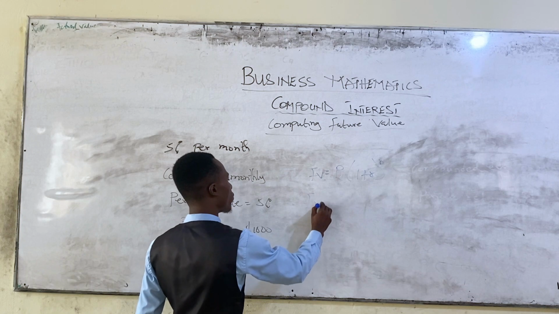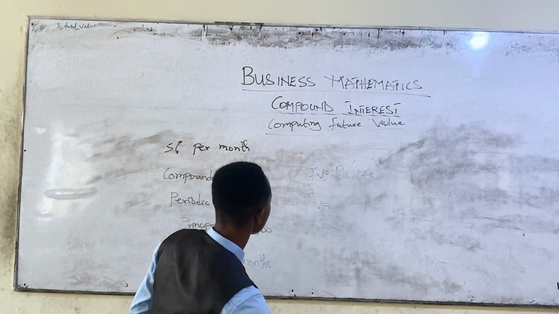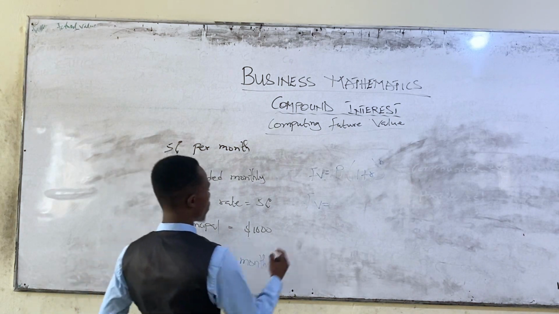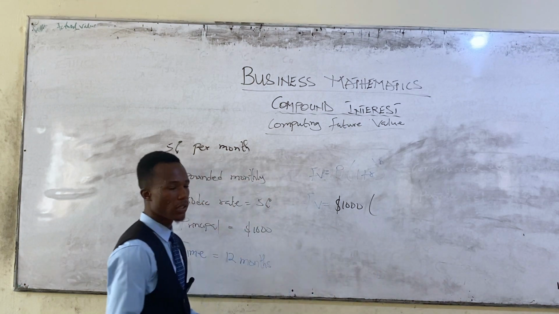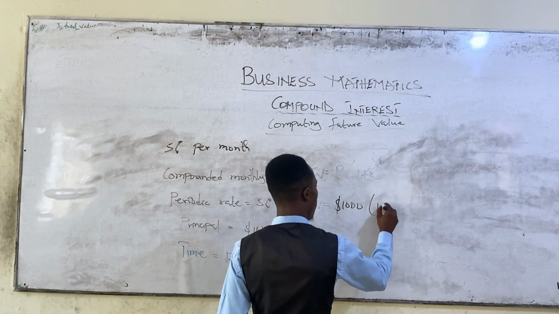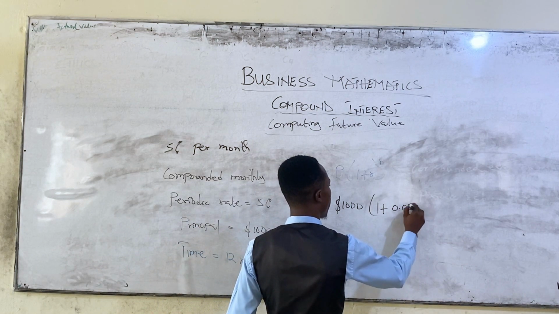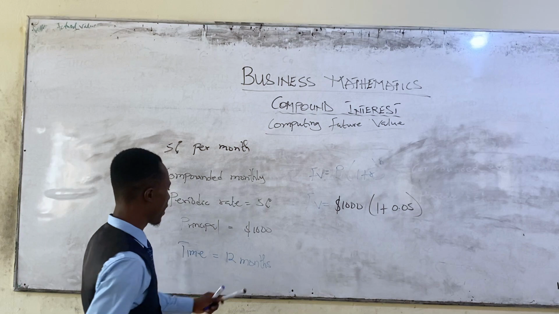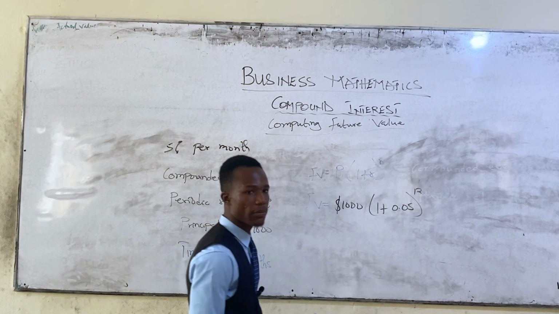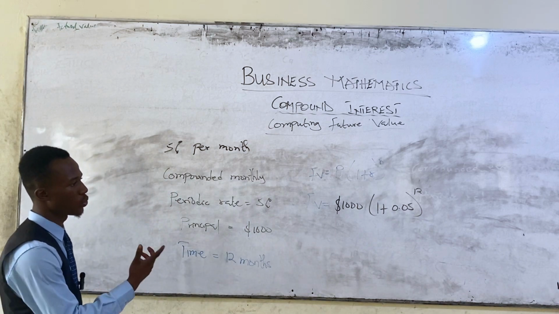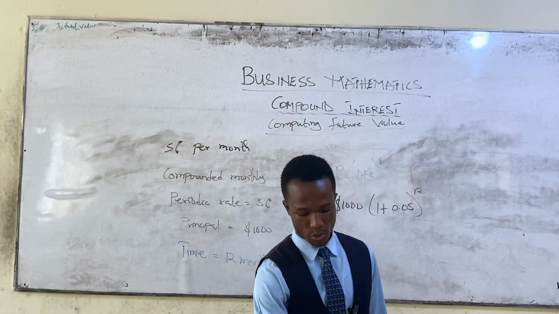So your future value is equal to your present value, which is $1,000, multiplying 1 plus the rate 5%, so 0.05, and your n here is the number of times, so your n is what? 12. The number of times you are going to compound the loan is 12. So you just solve for this and you provide me with the answer.